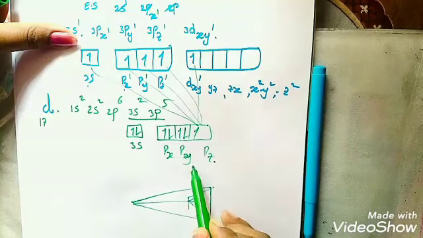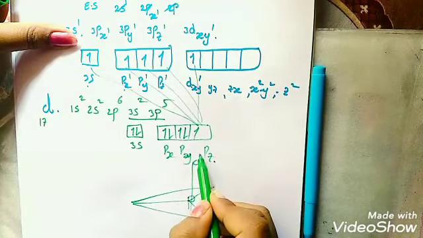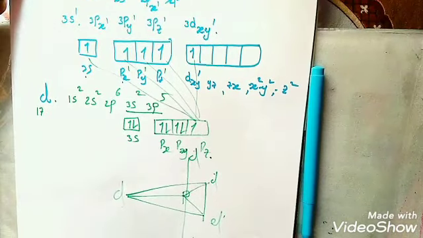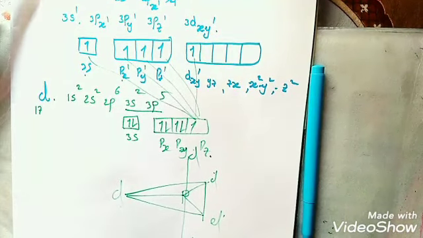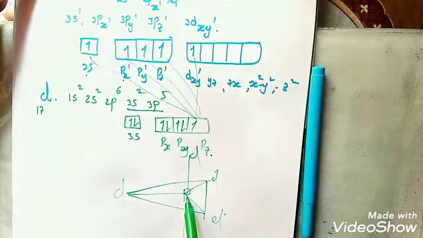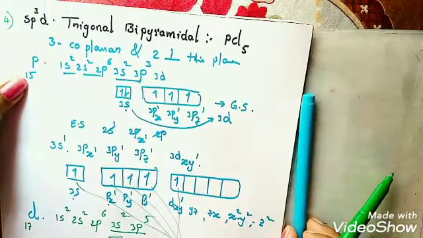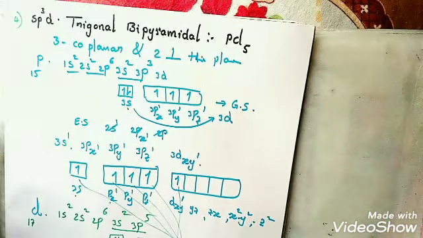Here is phosphorus and here are the chlorines. 1 2 3 4 5. 5 chlorine atoms are present around the central atom. This is the structure for trigonal bipyramidal PCl5.